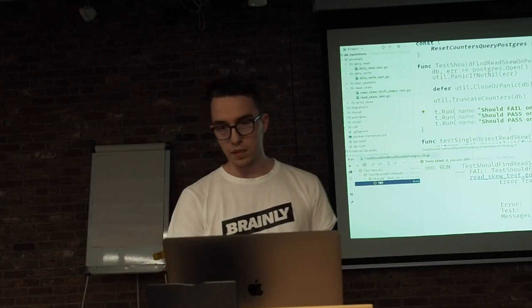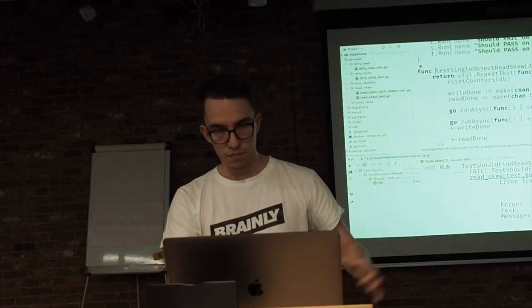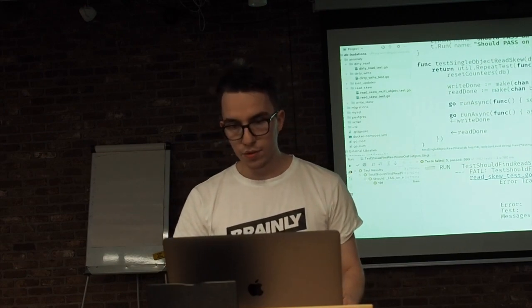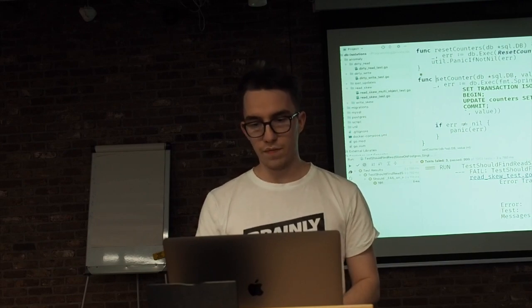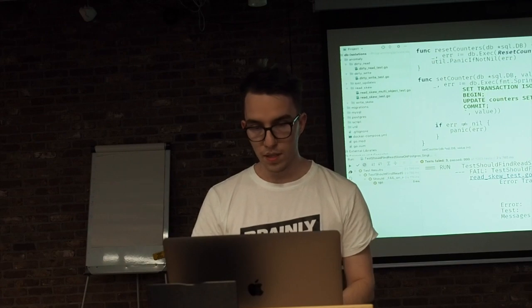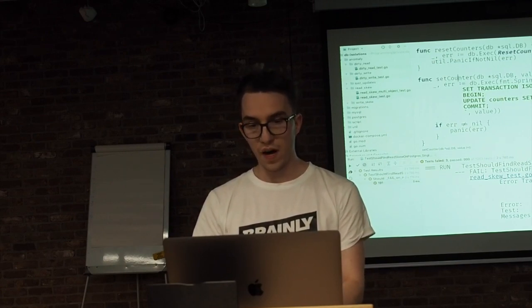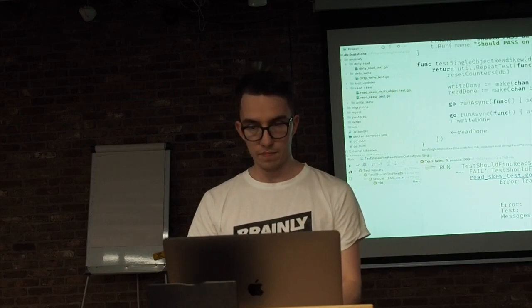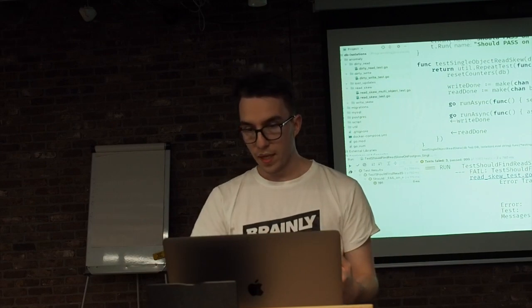How did I implement it? Again, I have 1,000 repeats and two transactions. The first one is at read committed level, and it updates the counter with a specific value, like the number 1. Previously, the value was set to 0.